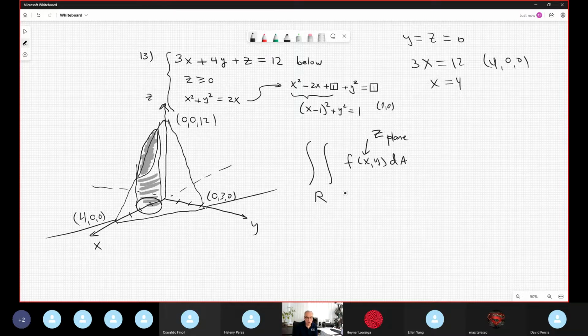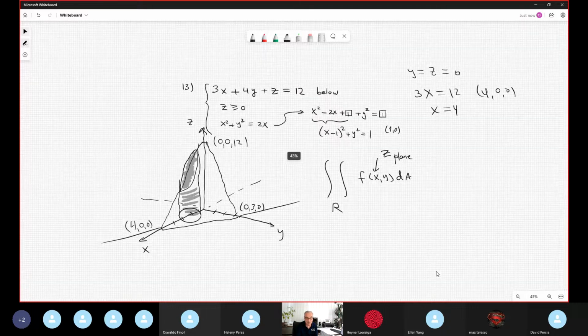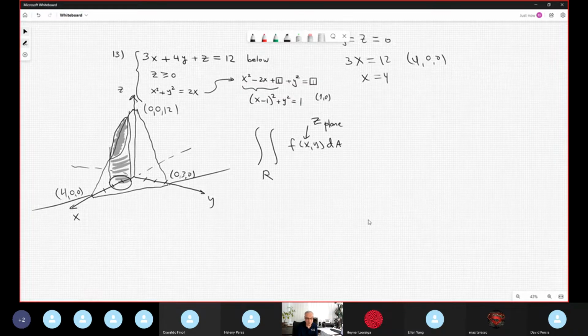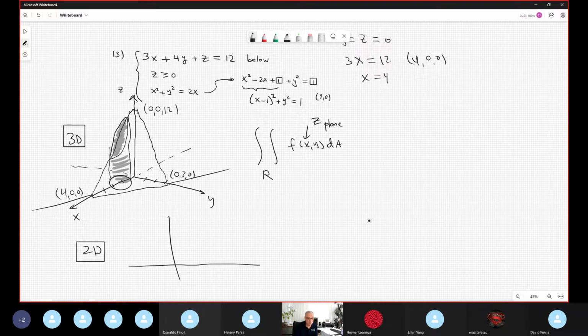It's the height. So you are doing, for example, Cartesian, which I don't recommend, because the region, this is 3D, and 2D, XY, you see something like that.